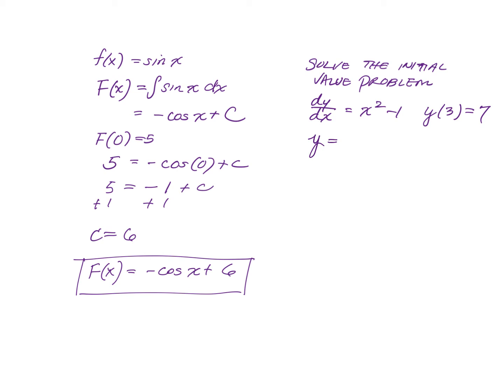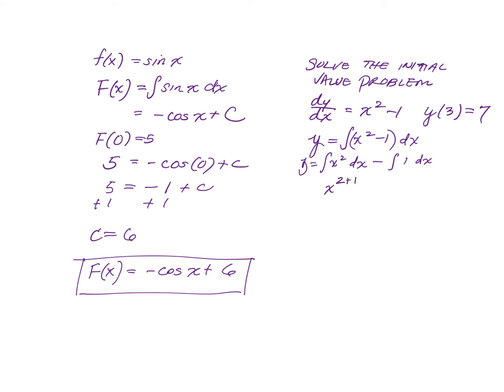The antiderivative looks like this, the integral of x squared minus 1 dx. And remember, our sum and difference rule means that we can split this up. So y is equal to the integral of x squared dx minus the integral of 1 dx. Now we can just use our formulas, and we know that the integral of x squared is just going to be x to the 2 plus 1.